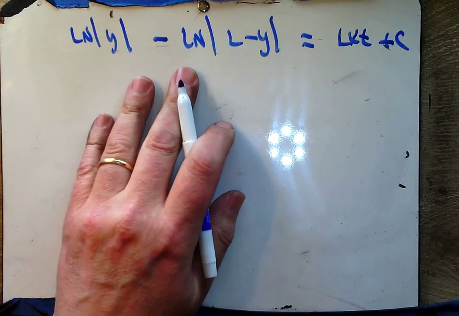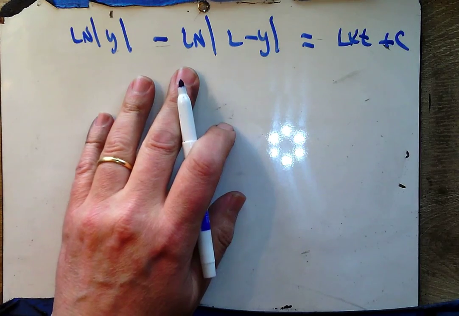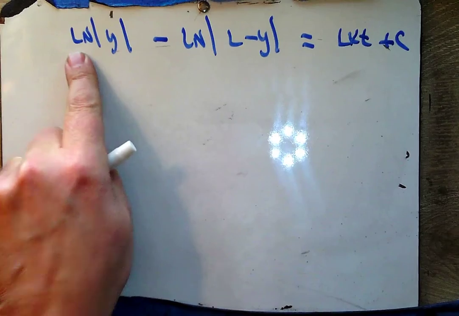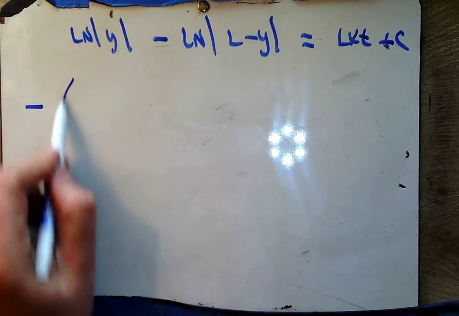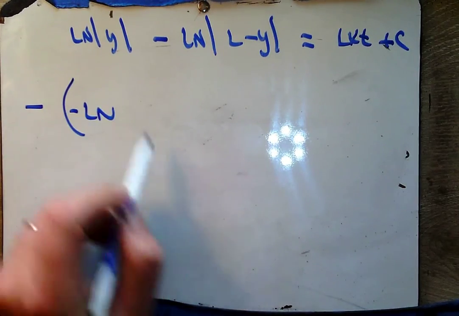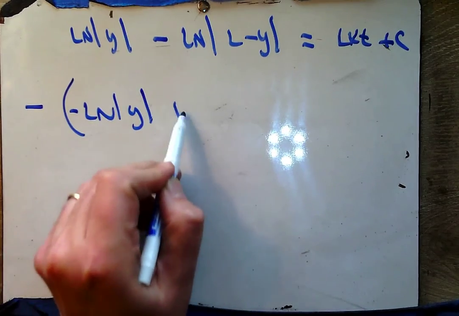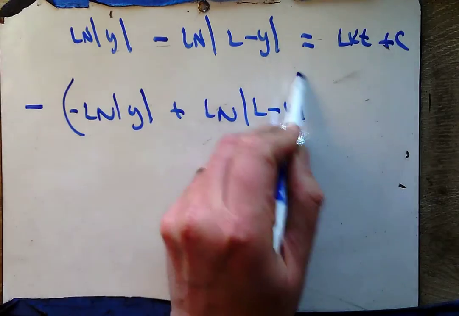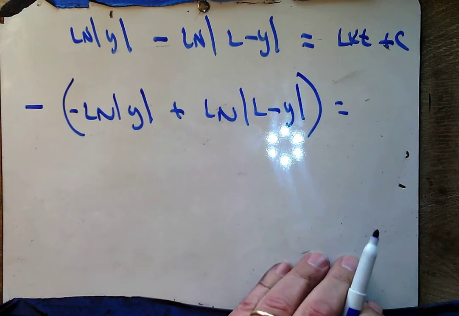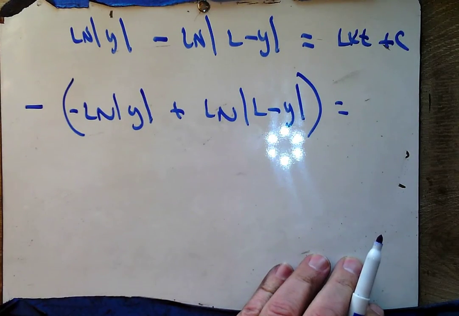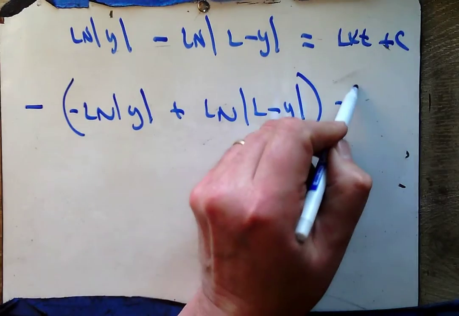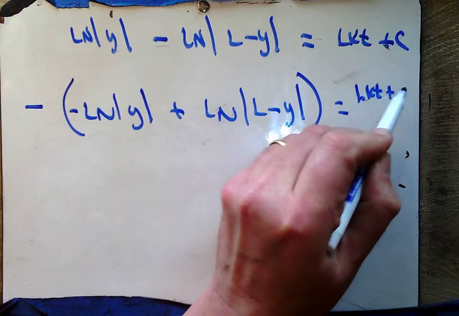Still not intuitive for me. What I'm going to do right now is factor negative 1 out of both of these. And when I do that, I'm going to have negative ln of y plus ln of L minus y. And you might be saying, why would you want to do that? Tears of a small child if you don't. And on the other side, I still have LKT plus C.